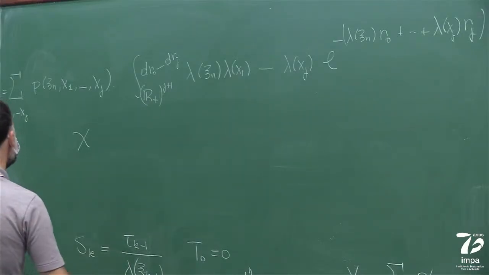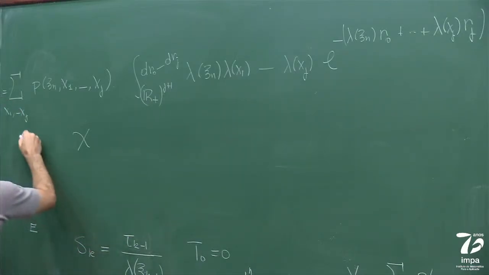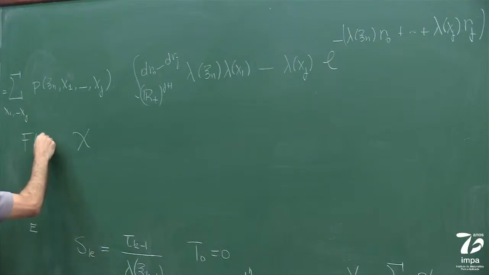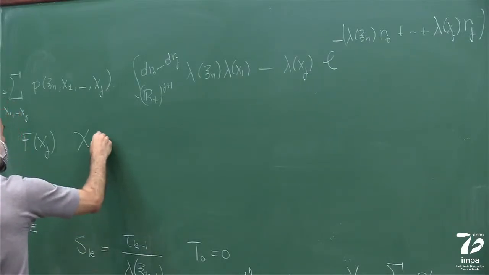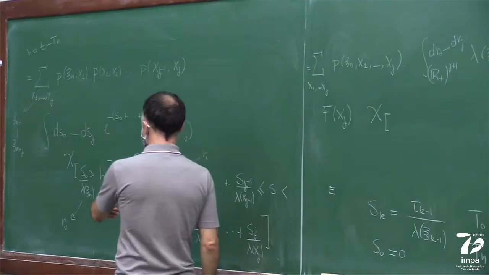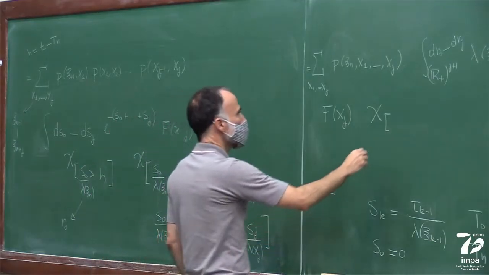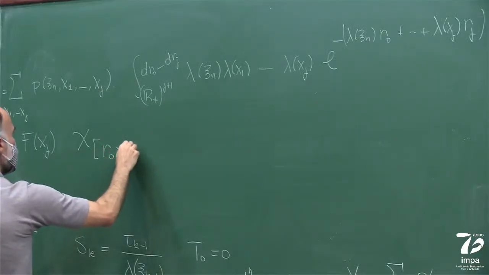Okay, I have f, and this is not xn plus j, but now it's xj. So you missed that. And here, with my new notation, this is just R0. It's larger than h.